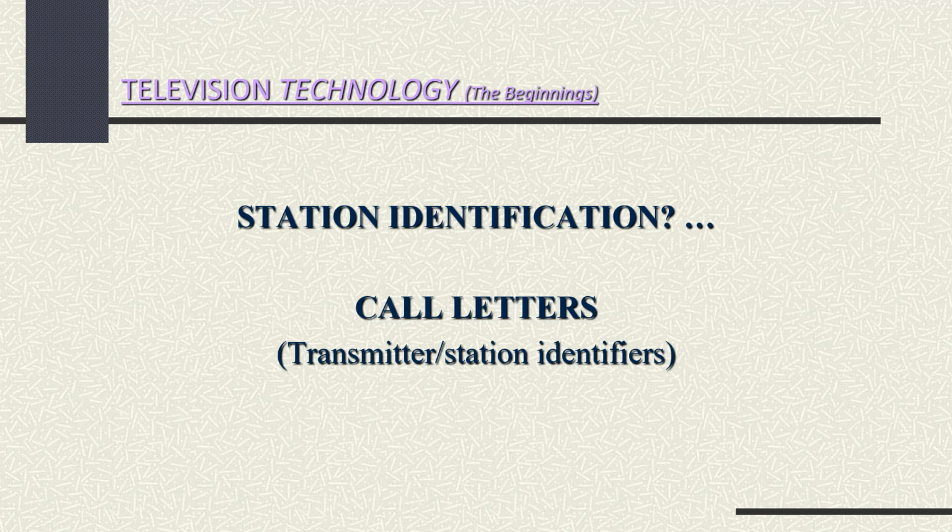Call letters are the letters that establish the transmitter. In other words, each transmitter that is given a license is given an identification, and this identification is the letters and the numbers designated to it.